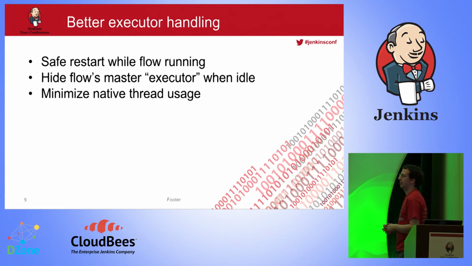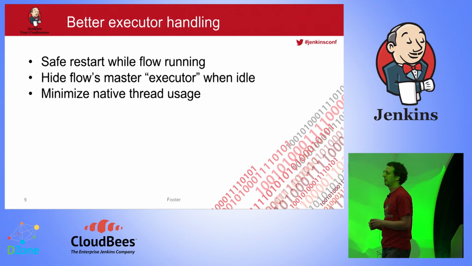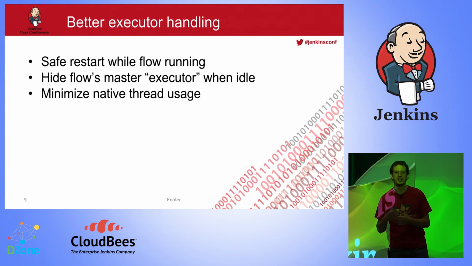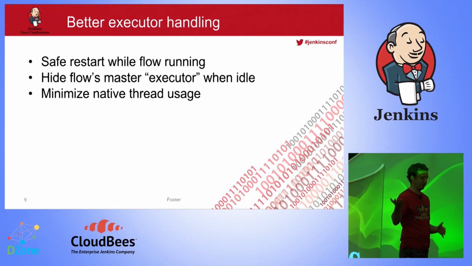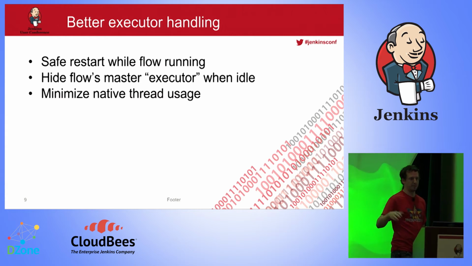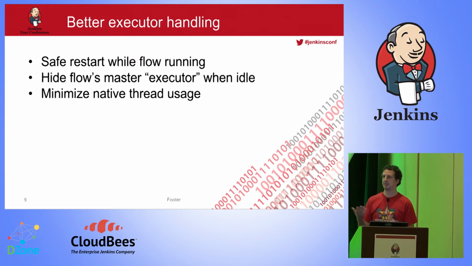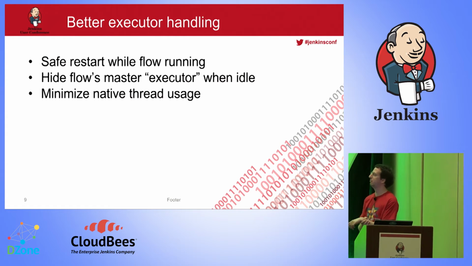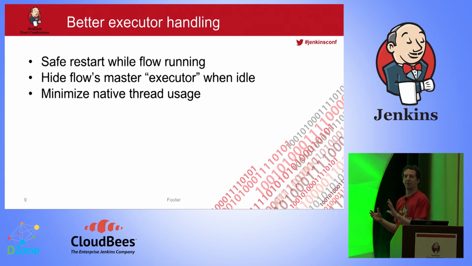The other major area of functionality that required a new version of Jenkins is we wanted to clean up how workflows appear when you're running a bunch of these things. These can potentially be running for days on end, and they're not necessarily active the whole time.